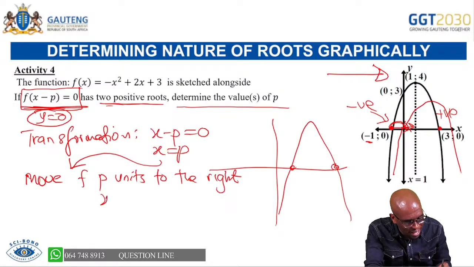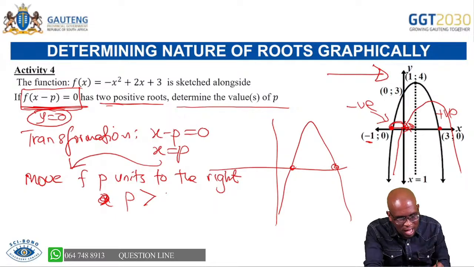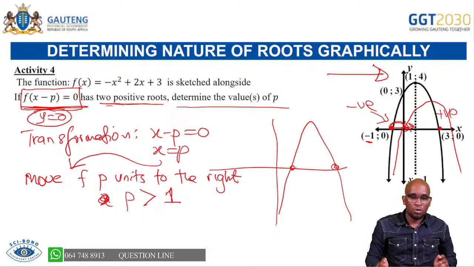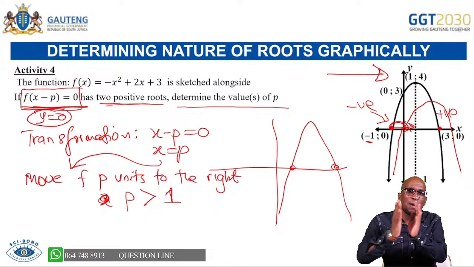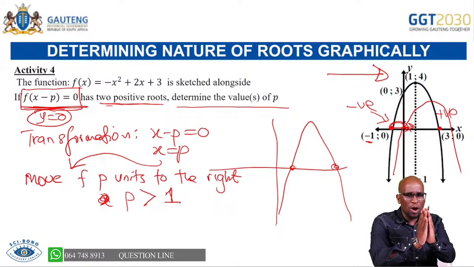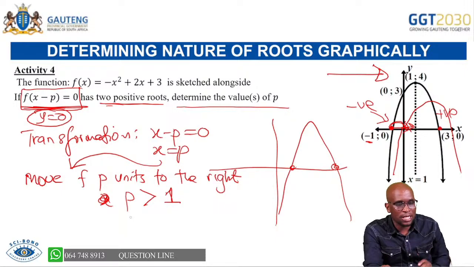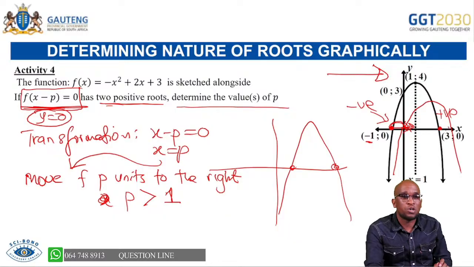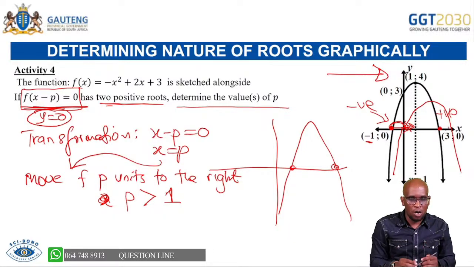So it is when p is greater than 1. When you move it just above 1 unit to the right, the graph will give you what? Two positive roots.